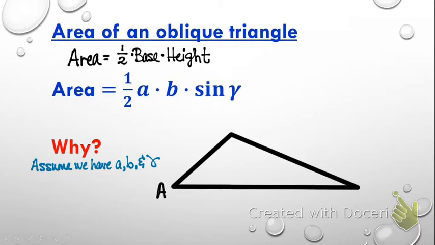And I'm going to label it, so here's A, B, and C. So gamma's up here, and that's an angle that you have from your given information. Side A would be here, side B would be over here. So this is side angle side, right?